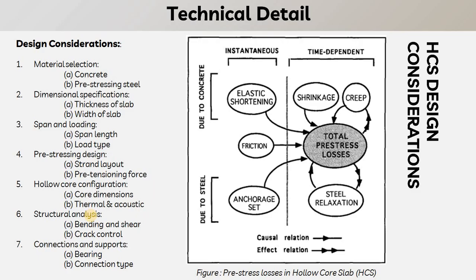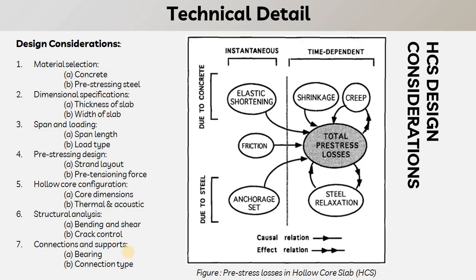So the structural analysis is very important while designing the hollow core slab, where we have to check for bending and shear. And the last point is connection and supporting. After the production, the main part is the connection of the precast elements. For the connection, the first point is the bearing.